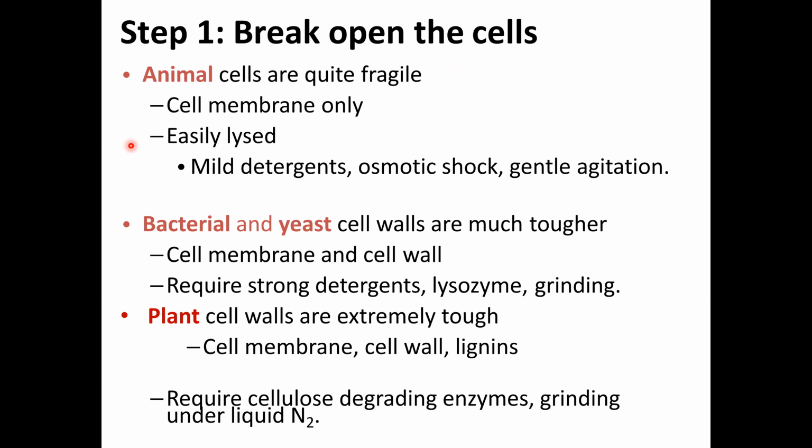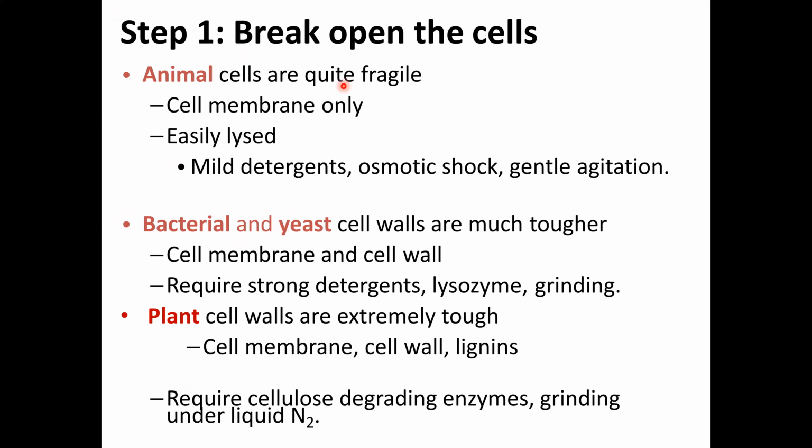So we have different sources of your sample. It could be animal cells, bacteria and yeast cell walls, or plant cells. Please remember that they have different characteristics that will affect the isolation process.